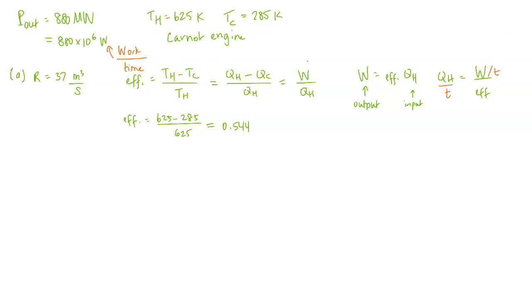The actual number of joules versus the rate at which the joules are input and output doesn't matter; it's the same efficiency, the same ratio. So my rate of heat input will be equal to my 880 times 10 to the 6 watts divided by my efficiency of 0.544, and I get a rate of heat input of, keeping some extra decimals while I'm doing my calculation, 1.6176 times 10 to the 9th watts.